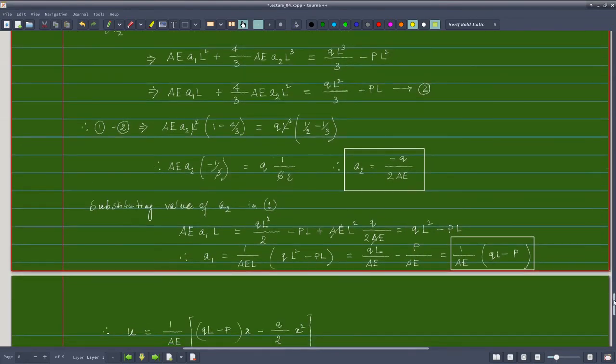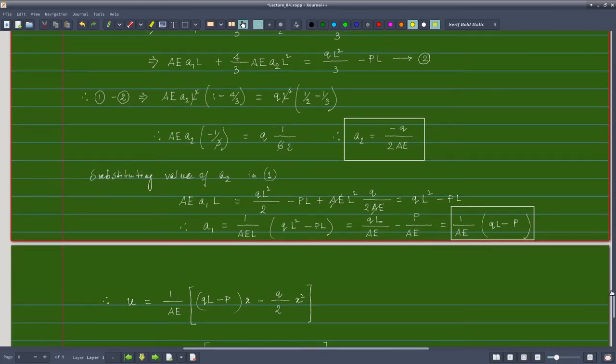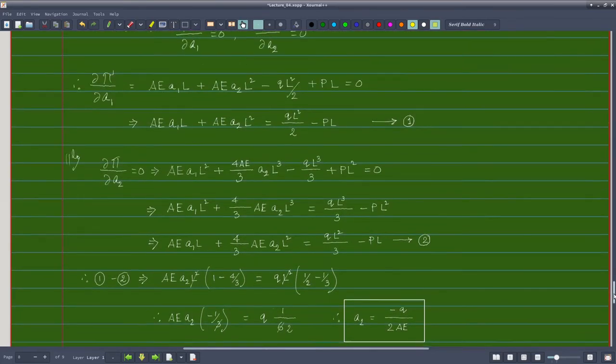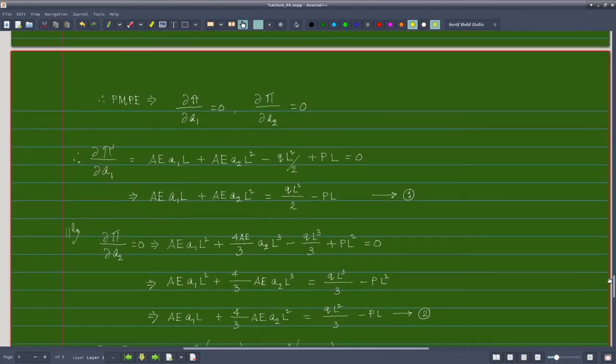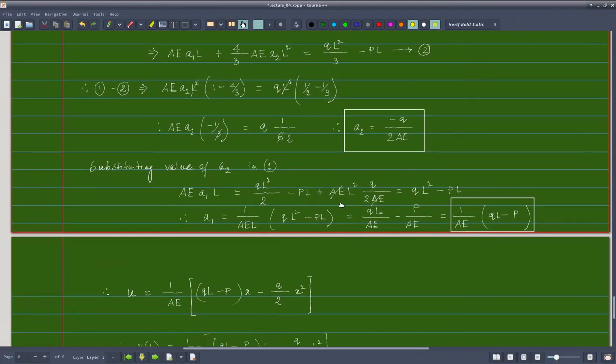So AE into A1L is equal to QL square by 2 minus PL minus AE A2L square, AE L square into A2.